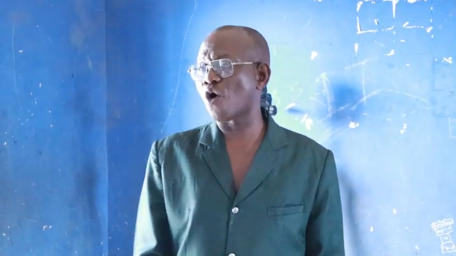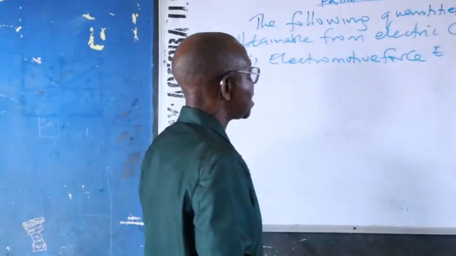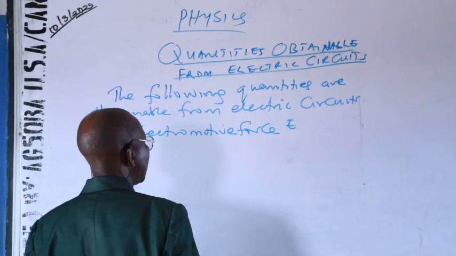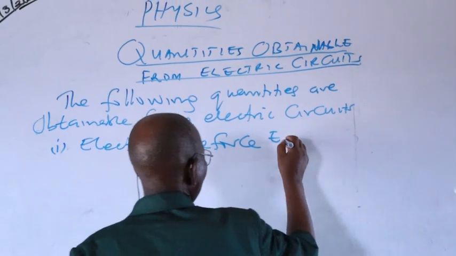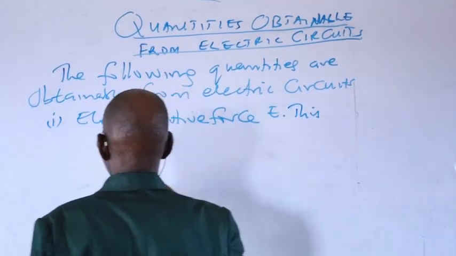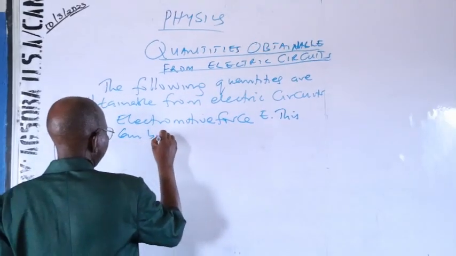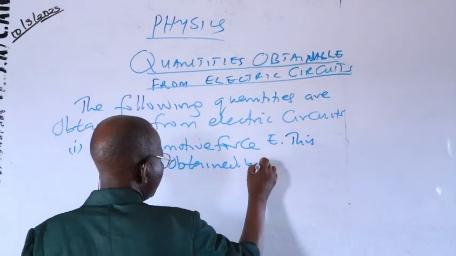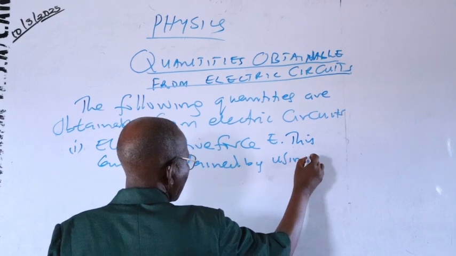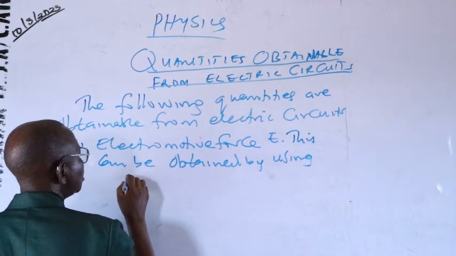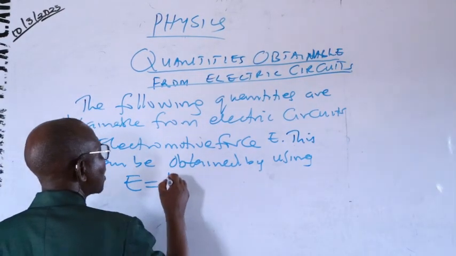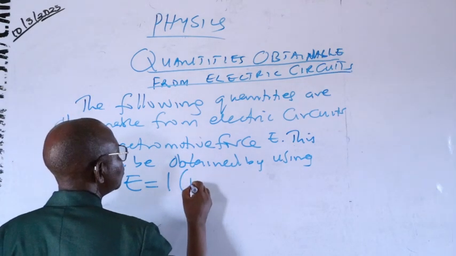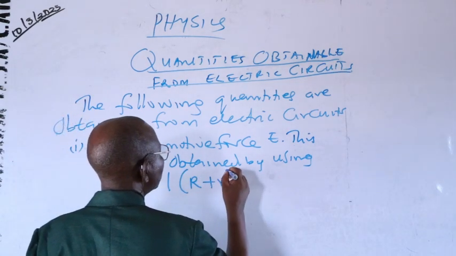Every cell has electromotive force. So I will represent it by E. So we can obtain this by using E equals I into (R plus r).